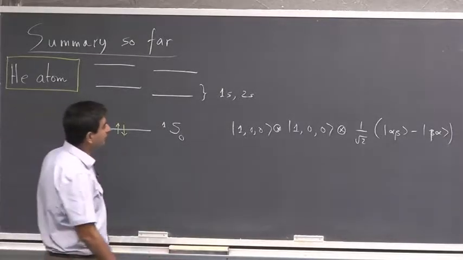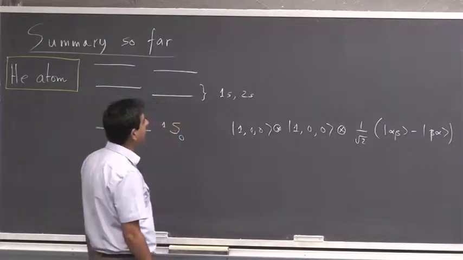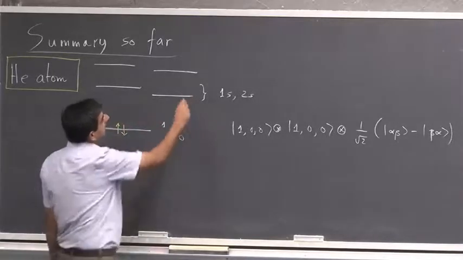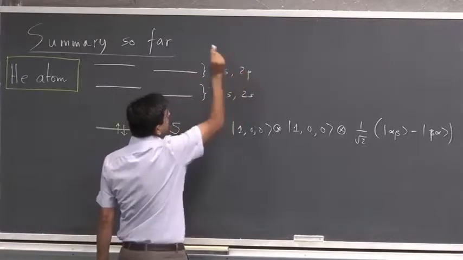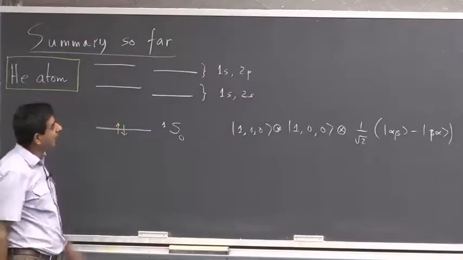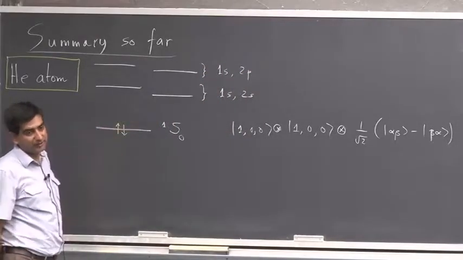Right? And this manifold represents one electron being in the state 1s and the other electron being in the state 2p. And we computed the energies of these states.